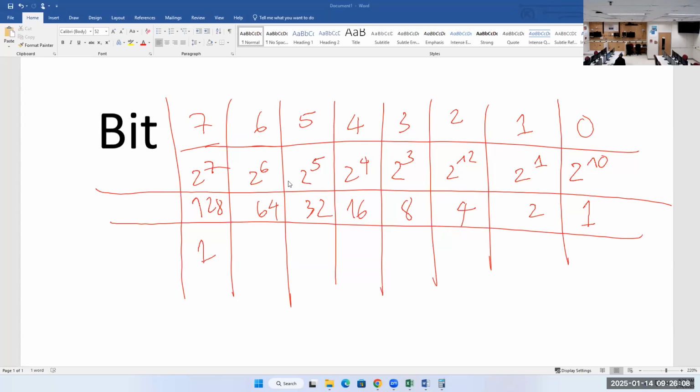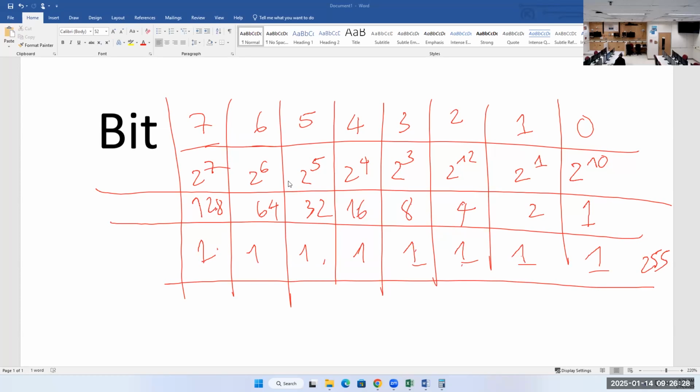If you put 1, 1, 1, 1, 1, 1, 1, 1 here and sum it up together, 128, 64, 32, 16, 8, 4, 2, and 1, you have 255. That's why when you look at the IP address, the maximum number is 255 and the minimum number is 0.